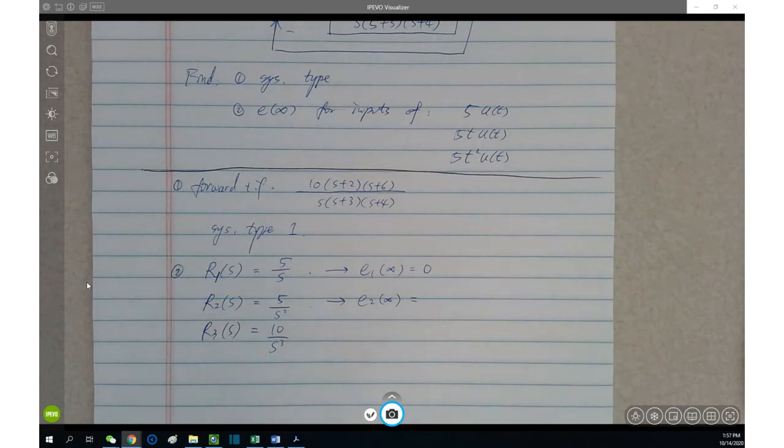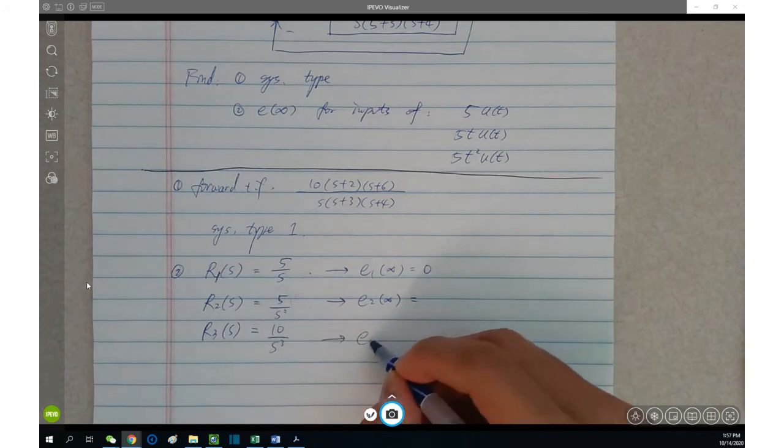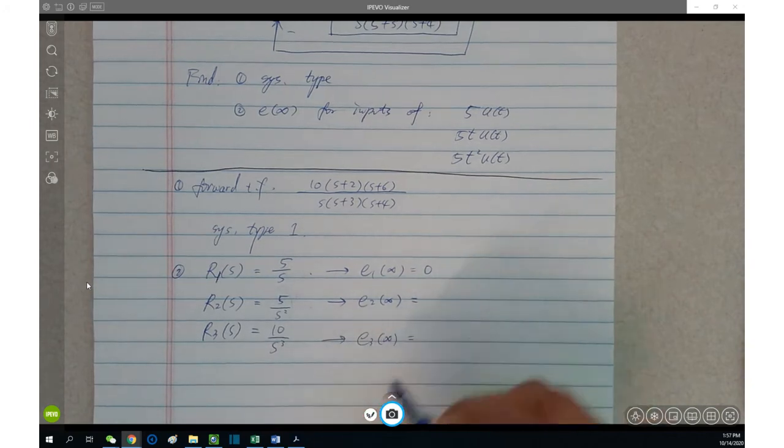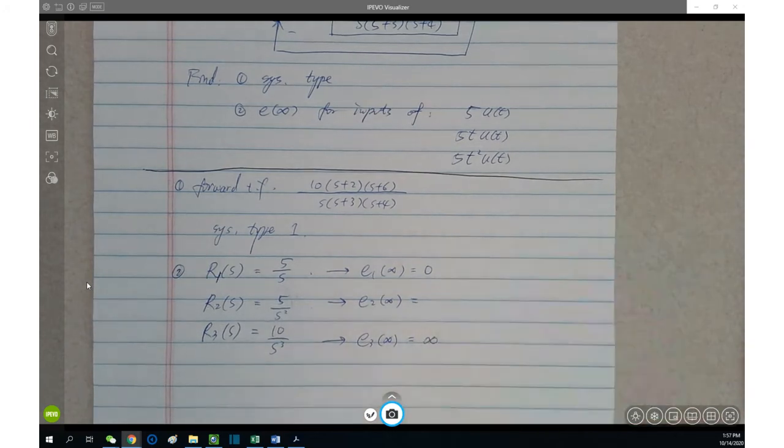We don't need to worry about the specific number yet, but at least you know it is a finite constant, which means you need to substitute R by the given input to find the limit. And this one equals what? Infinity. You got 2 out of 3 at least immediately, right?